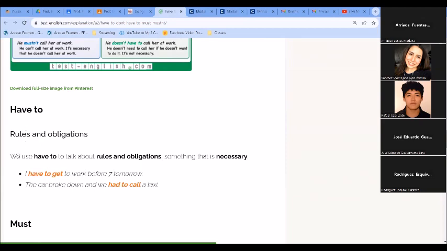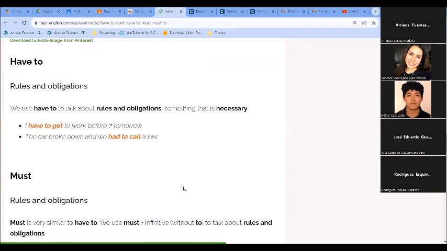Rules and obligations. We use have to to talk about rules and obligations, something that is necessary. I have to get to work before 7 tomorrow. The car broke down and we had to call a taxi.